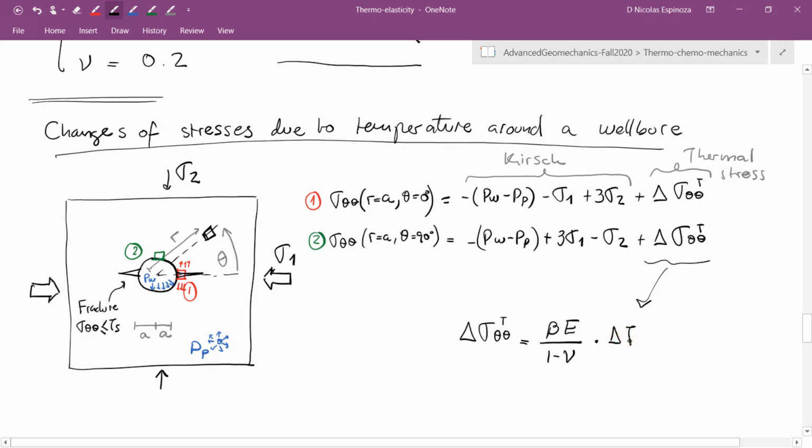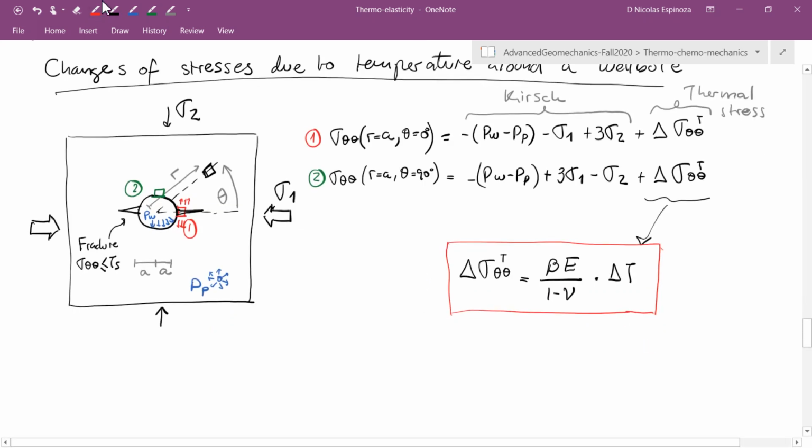Let's just put delta T. And this additional thermal stress term is going to tell you how much the hoop stress is going to change due to a change of temperature.